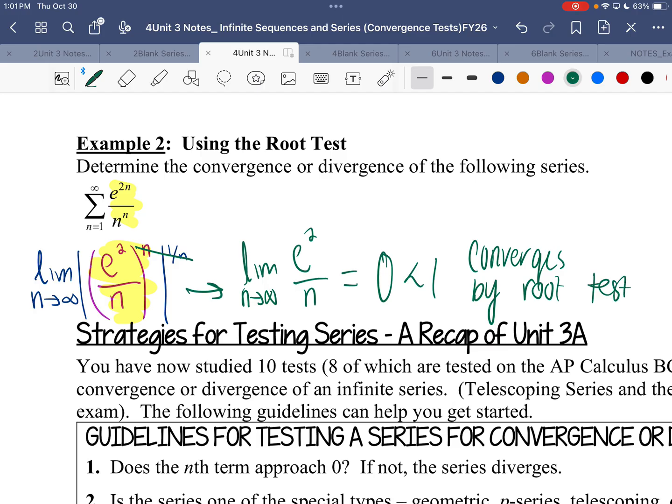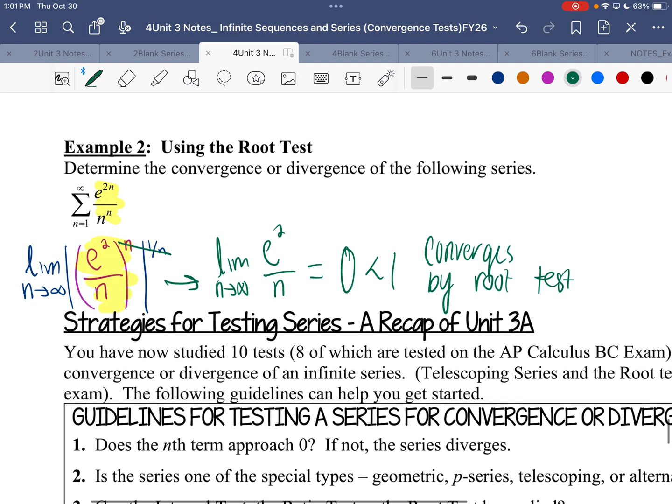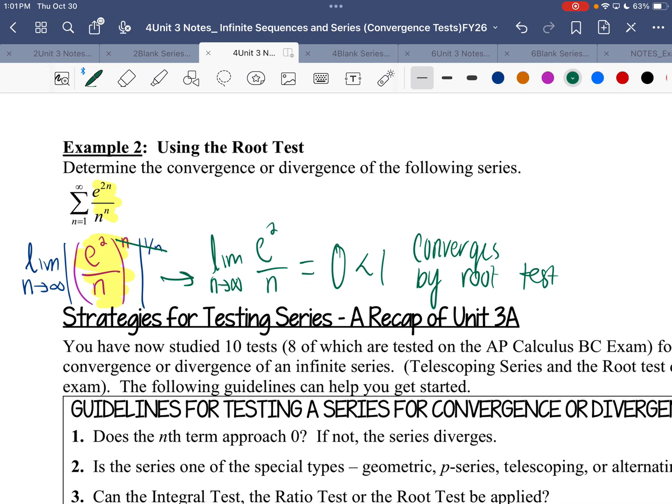I really have never known why they leave the root test out. It's just so fast. And you are allowed, someone asked this in second period, I thought it was a really good question. If for some reason you are doing a free response question, like a series test, and you do use the root test, that is a real test.